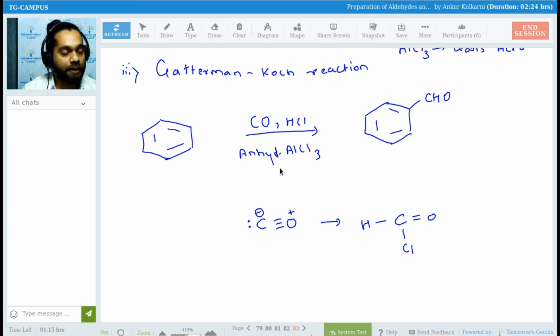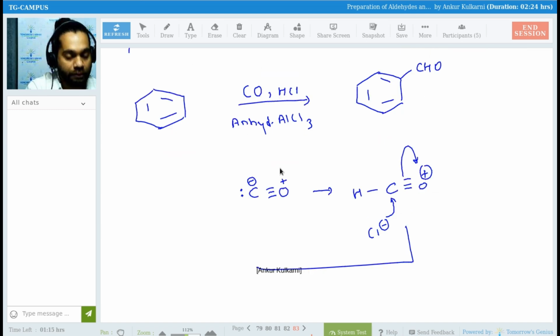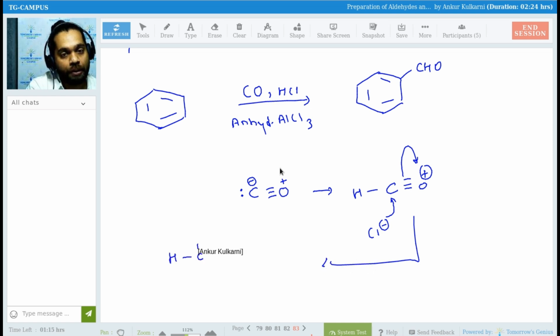Or you can think like this: you have added the H, this is still positive, correct? So Cl minus attacks over here and it gets back its electron. So what we have got is H, C double bond O, Cl. And now the role of AlCl3 comes into the picture. So AlCl3, Sarjana, what does it do?